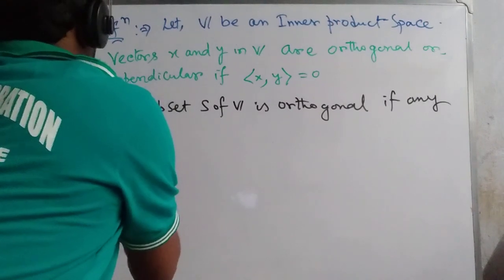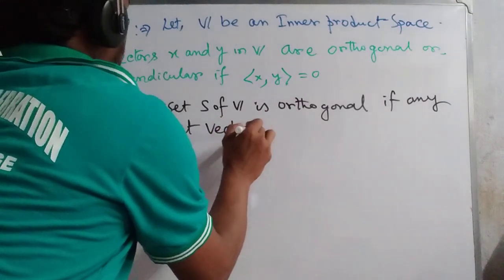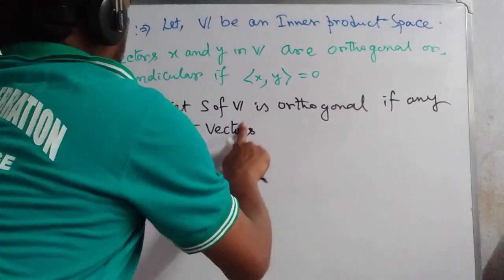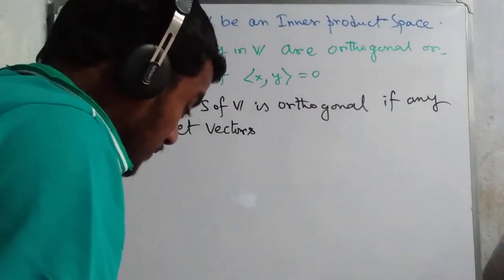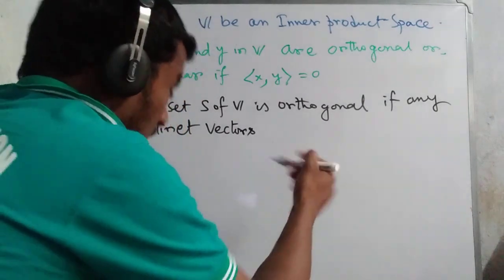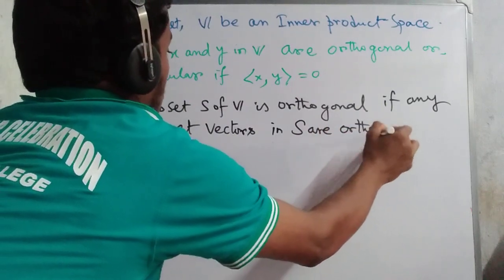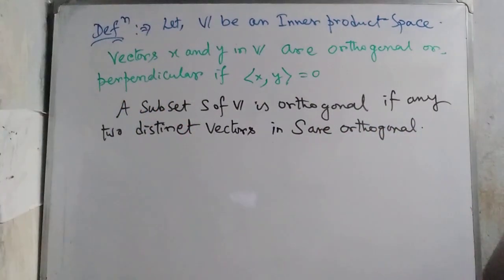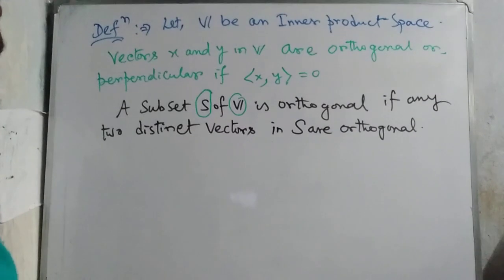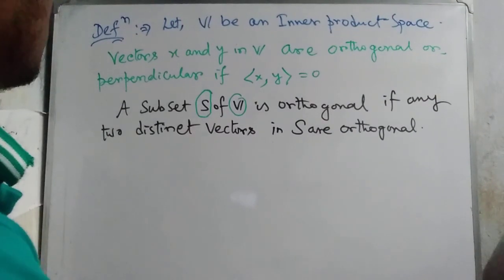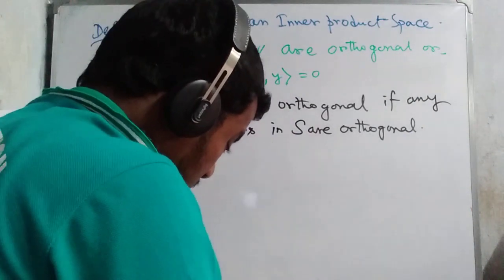Then we say that the set or subset of V is orthogonal. That means any two distinct vectors are orthogonal. Next we are going to discuss a vector.